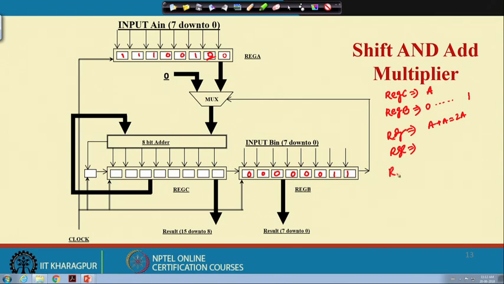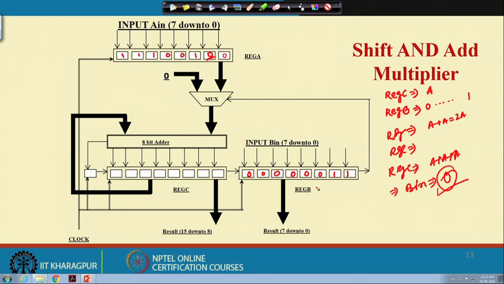At the final step, register C will be added with A plus A, and all the corresponding B in values will be all zeros, or whatever the values are, that A in will try to fill this position. Okay. So, in this fashion, we can do this shift and add multiplication.